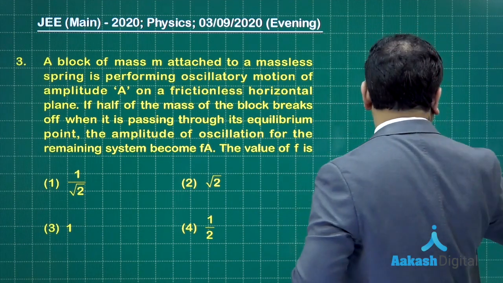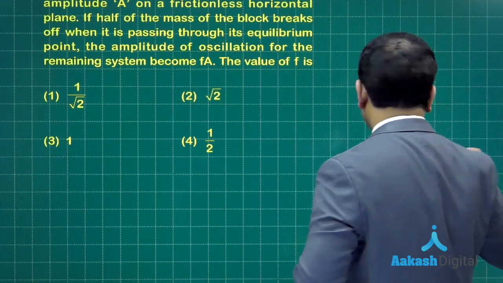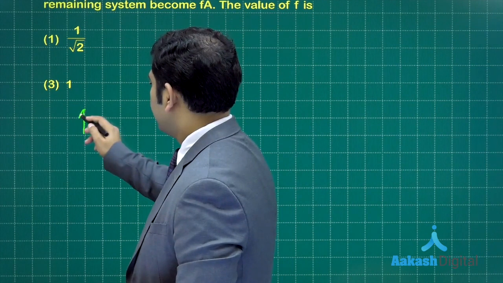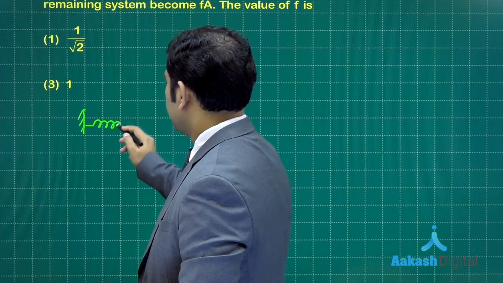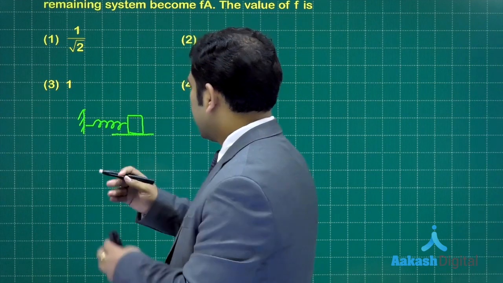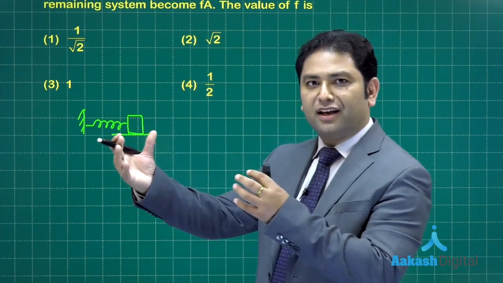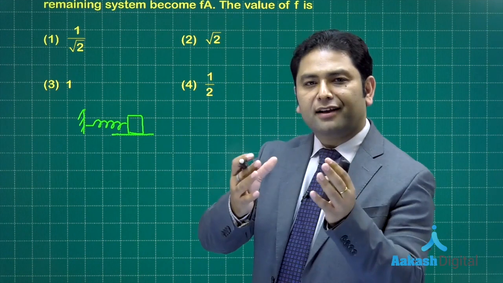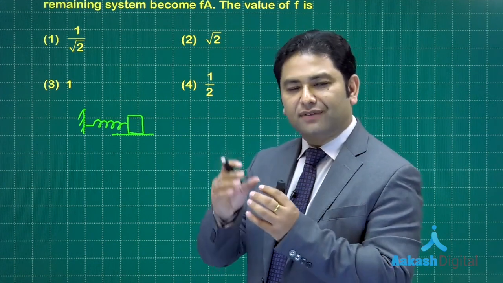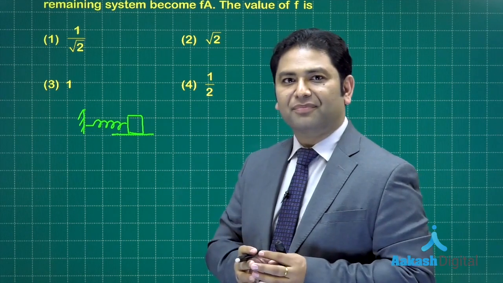Now here the first and foremost thing is you need to understand, by the time it reaches the equilibrium position, the situation is something like this. Now say half of the mass chips away, but that would also take its own share of momentum, and by inertia the velocity would be exactly same.